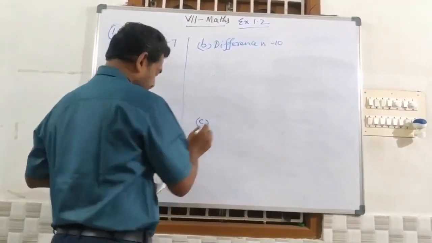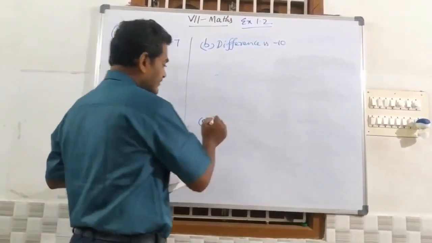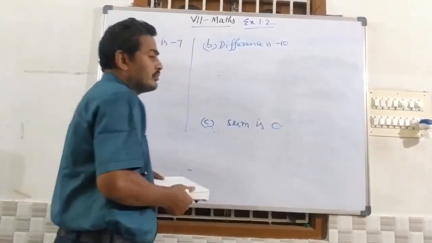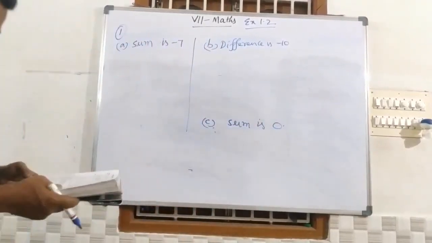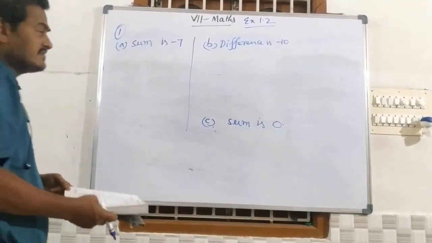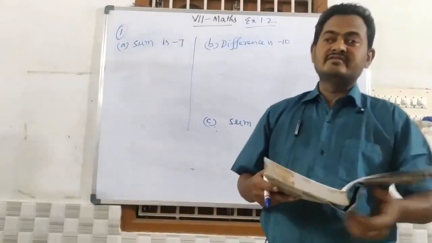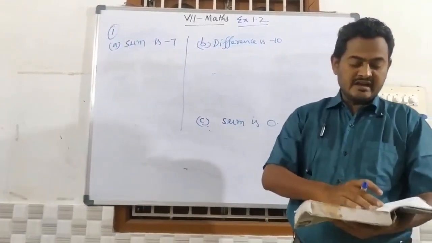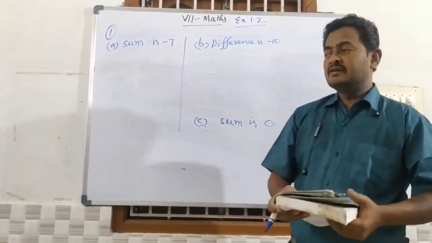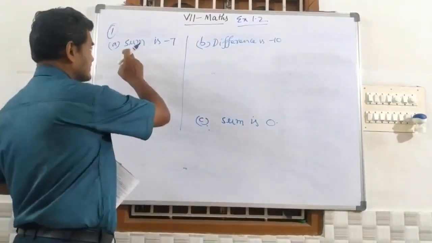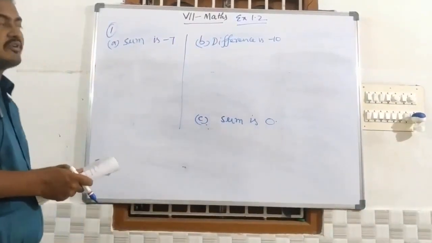And the third sum, C, the sum is 0. So here what is the question? Write down a pair of integers. A pair means two integers. If you take any pair, the result they are asking for should be satisfied.